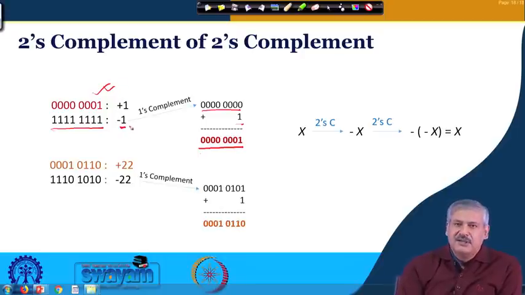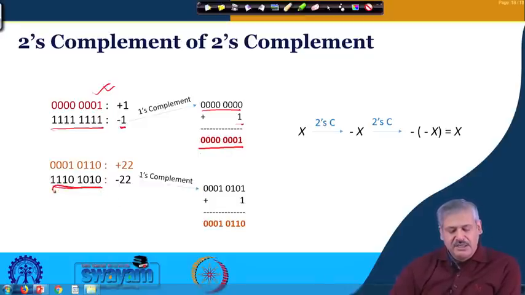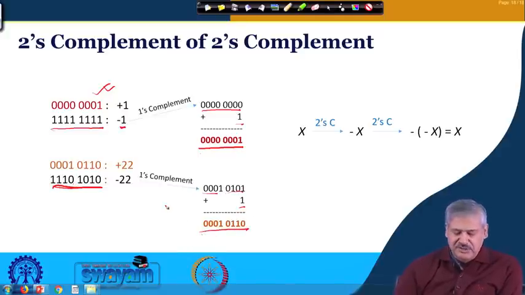That is your original positive number. So, the 2's complement of the binary version of minus 1 gives us the binary version of plus 1. Similarly, this was minus 22 in 2's complement. If we take its 1's complement and add 1 to that, what is that?